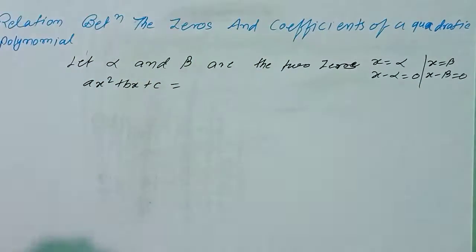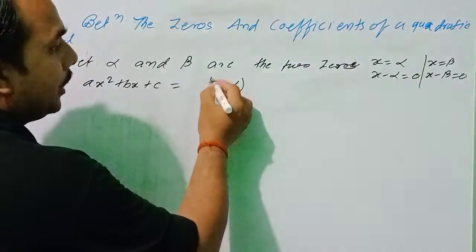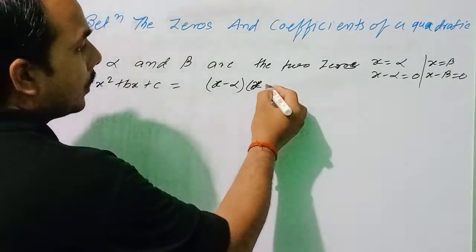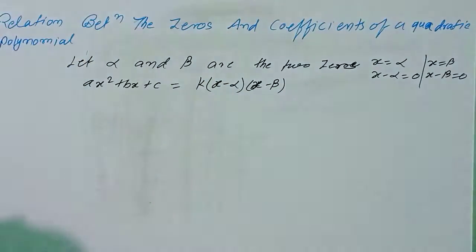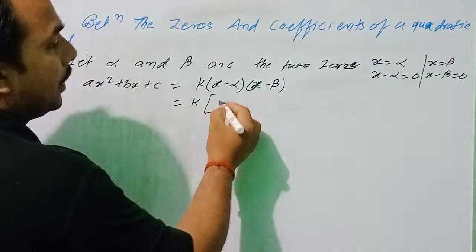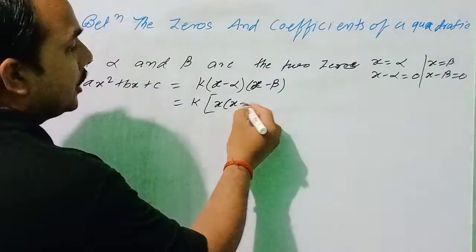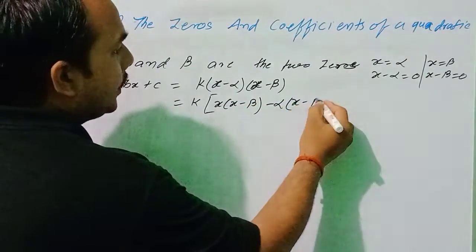Okay? So if we will multiply x minus alpha into x minus beta and constant k, we will multiply, then it will solve.